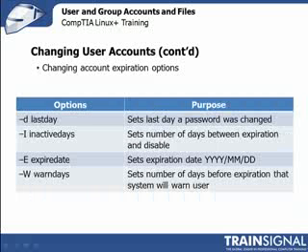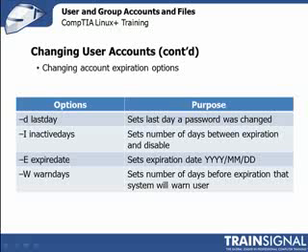Continuing our look at options for chage, next we have dash d, or last day, which sets the last day a password was changed. Then we have dash capital I, or inactive days, which sets the number of days between account expiration and disablement. Then we have dash capital E, or expire date, which sets the account expiration date in the format 4 characters for year, 2 for month, 2 for day.